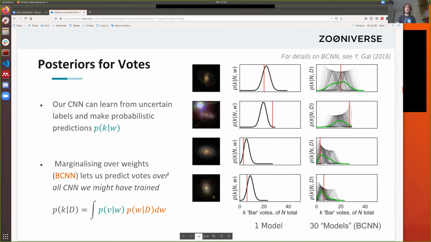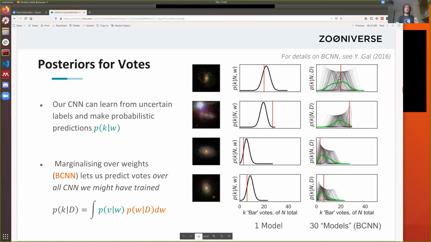So here's what that looks like. We're going to make many predictions with our forward model, our convolutional neural network, for which galaxies have bars. But each time we make a prediction, we're going to permute the network. We're going to turn on and off randomly certain weights within the network.